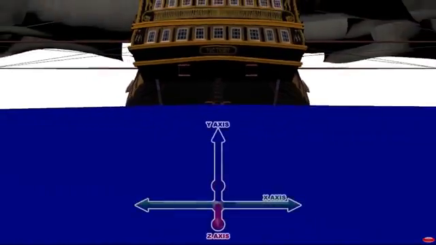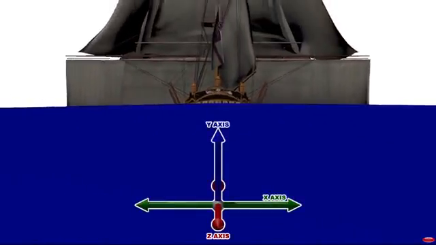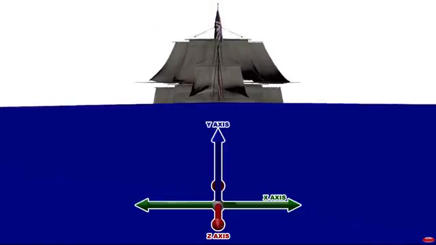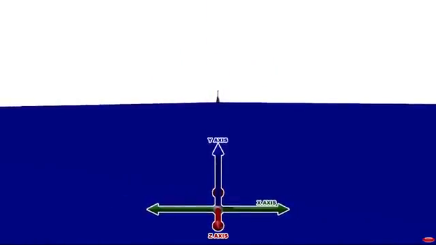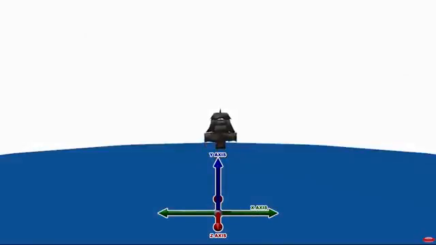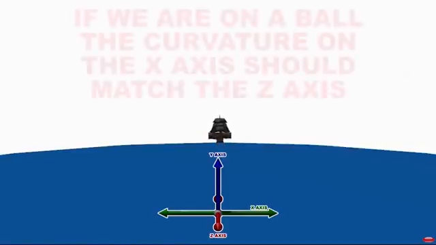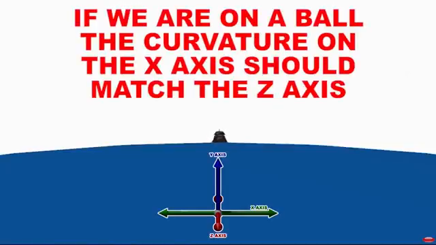And speaking of myths, people who think ships are disappearing over the curve in less than 10 miles distance, it's got to work both ways. If we're on a ball, then when the ship is going away from you on, let's say, the z-axis, and it's rolling over the ball in less than 10 miles, then you should have the exact same effect looking left to right on the x-axis.